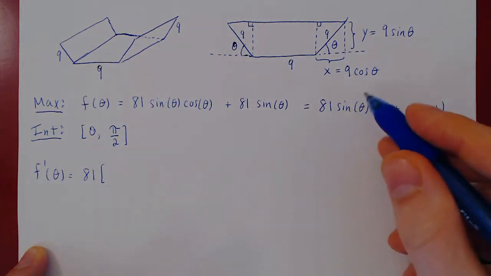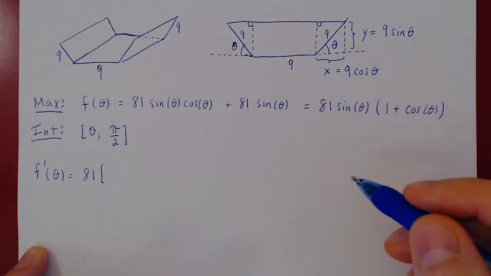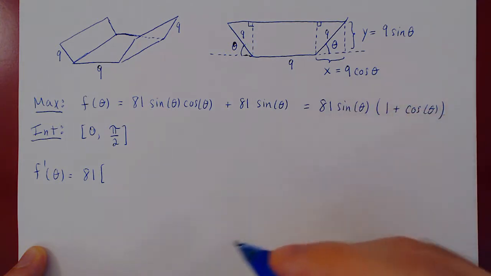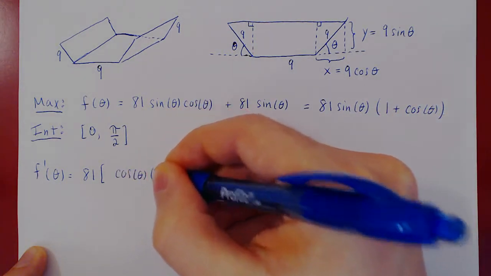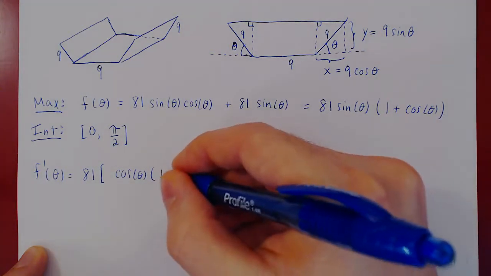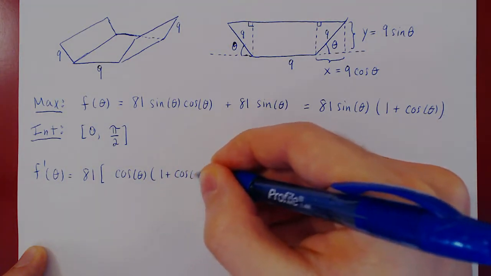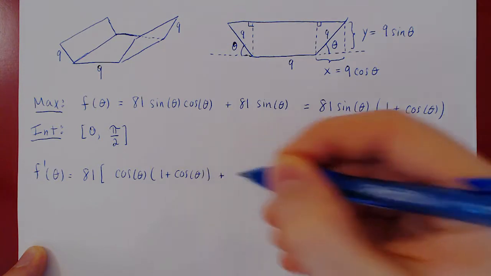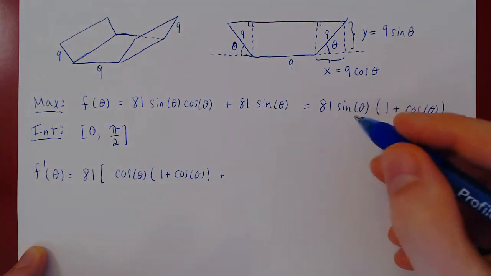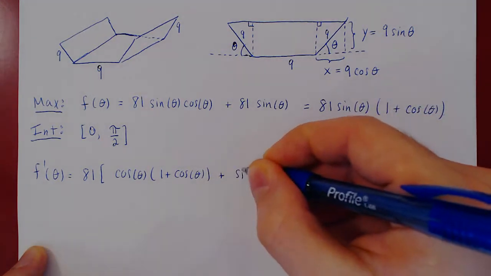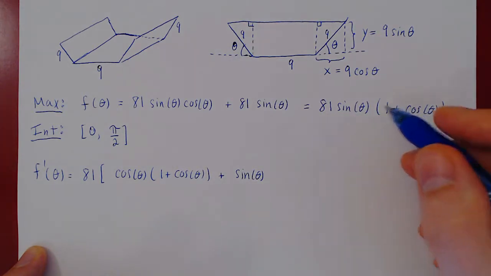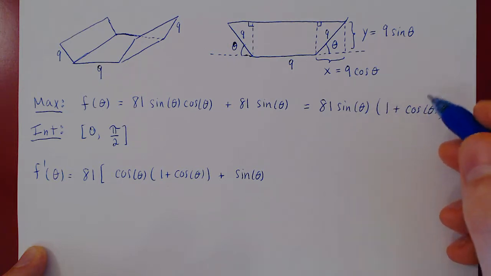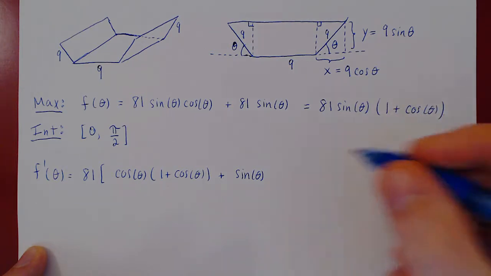We have a product, sine times 1 plus cos, so we use the product rule. Derivative of sine is cosine, so we get cos of theta times the second function, 1 plus cos of theta, plus, by the product rule, the first function, sine of theta, times the derivative of the second function. Derivative of 1 is 0. Derivative of cosine is negative sine of theta.